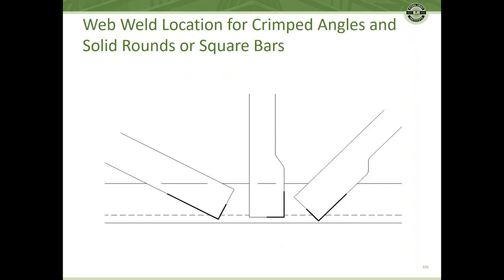I mentioned this a little bit before, but web members that are welded, or these crimped members, are generally in between the chords, and this is where the little bit bold line there on those web members is essentially where those welds are going to be.